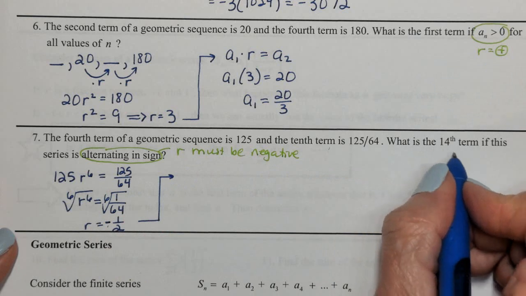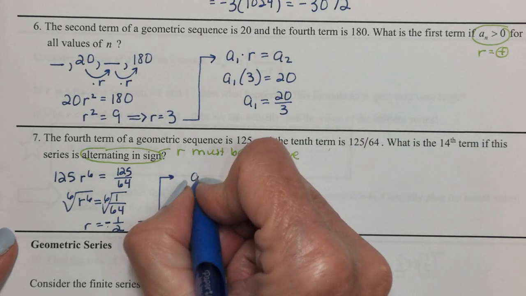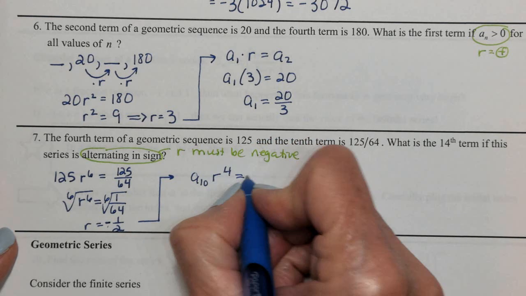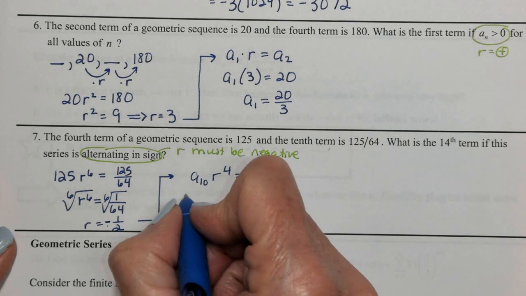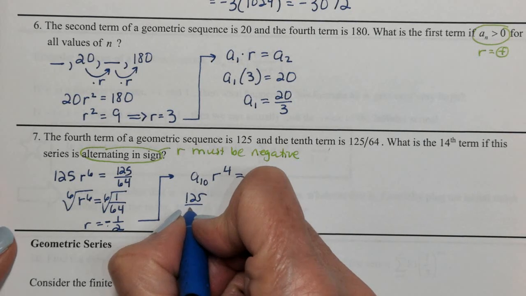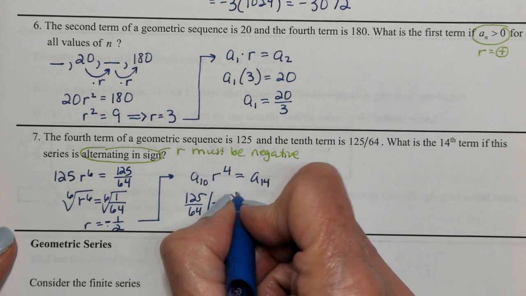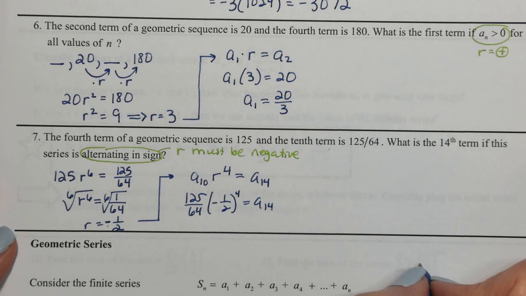So to find the 14th term, if I take the 10th term and multiply by 4 r's, I should get to the 14th term. So 125 over 64 times negative 1/2 to the 4th should be the 14th term.